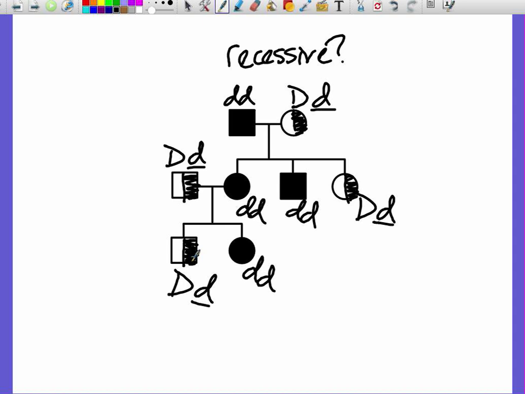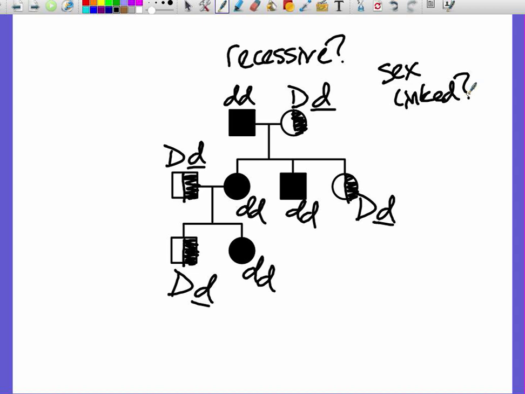But lastly, again, if it is recessive, I also always have to ask, is it sex-linked? So I'm going to look at it and look for evidence as to whether it's sex-linked or not. When I look at this, I'm looking for males that are carriers, and I do see 2 males that should be carriers in this case.